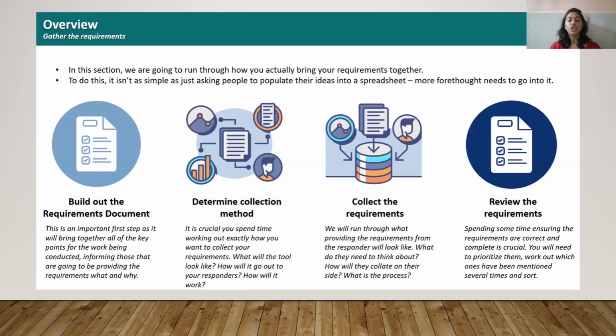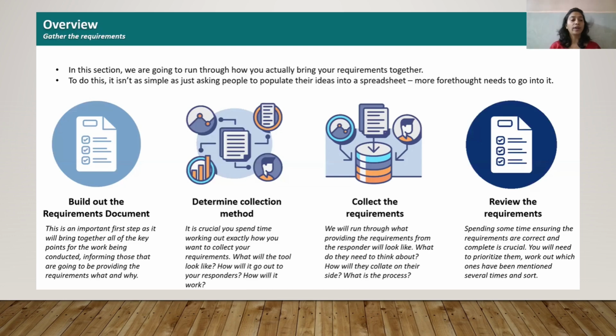Spending some time ensuring the requirements are correct and complete is crucial. You will need to prioritize them, and work out which ones have been mentioned several times. So these are the four stages for the gathering of the requirements.